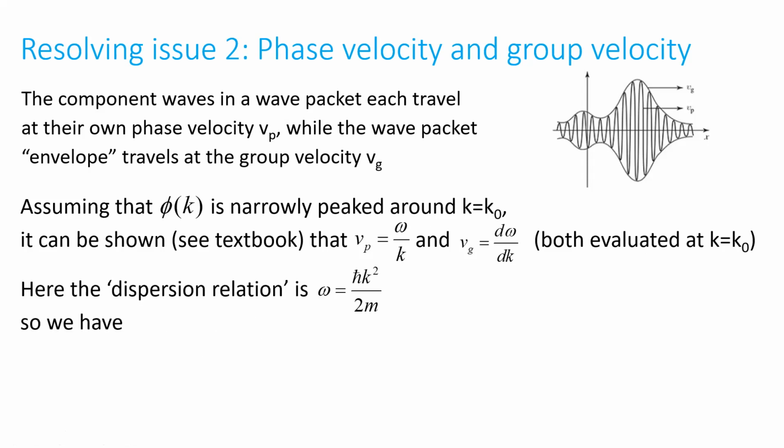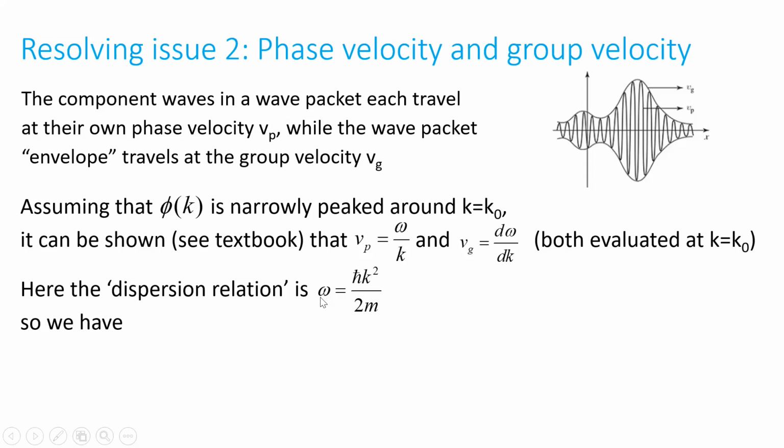So what we call the dispersion relation is the relationship between omega and k. And here that dispersion relation is omega equals h bar k squared over 2m. And this is familiar from earlier.